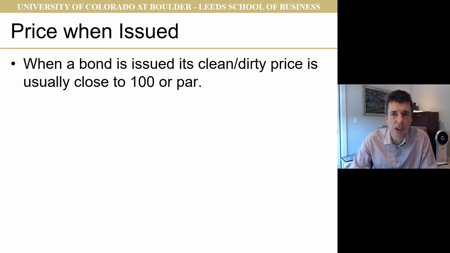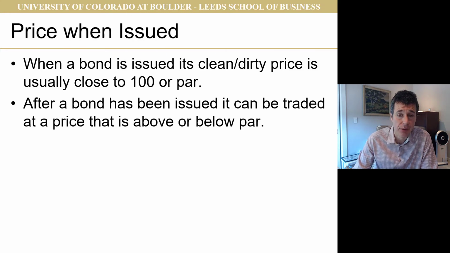Now, just a little bit of market convention here. When a bond is issued, its clean or dirty price is usually close to par, or 100. Now, after the bond has been issued, it can be traded at any price, and typically it trades at a price that is above or below par, depending on where interest rates are relative to where the coupon rate on the bond happens to be.